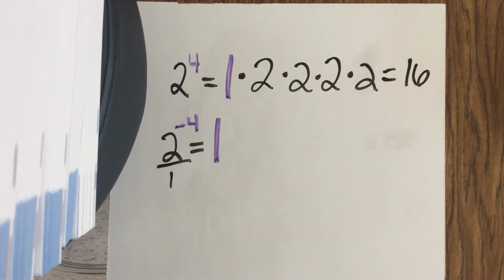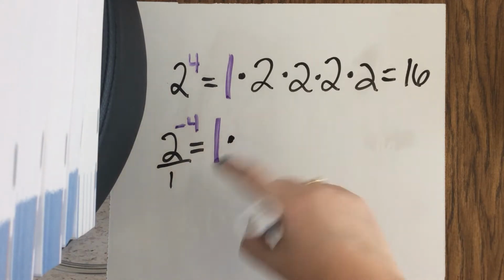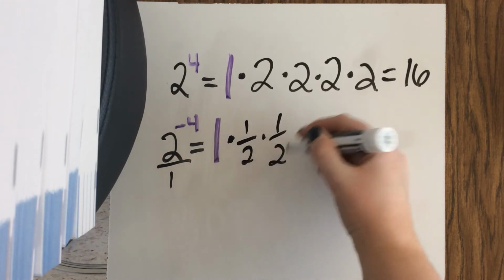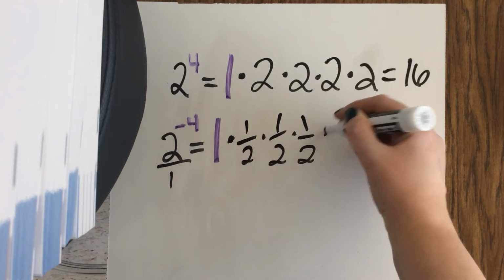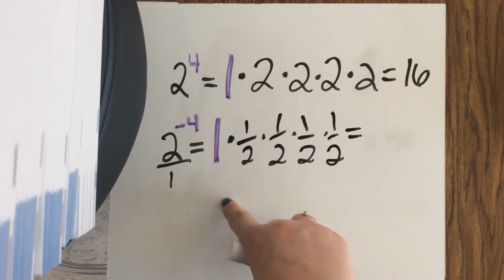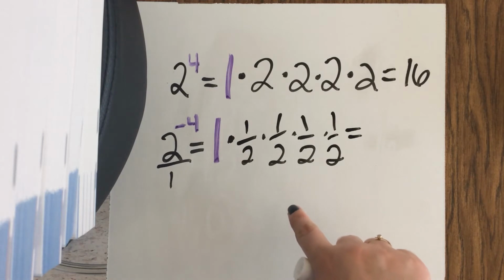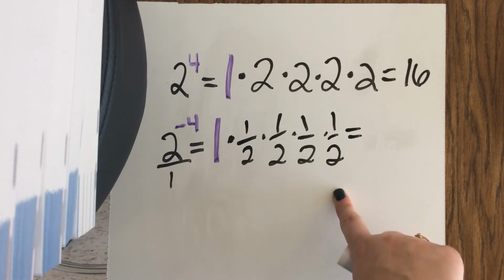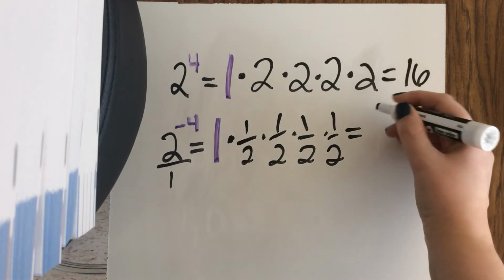Any whole number is that whole number over 1. So you would just multiply it by the opposite. So it would be 1 over 2 times 1 over 2 times 1 over 2 times 1 over 2 equals, and you can either do this in your calculator or in your head. If you multiply 1/2 by 1/2 by 1/2 by 1/2, you will eventually get to 1/16.